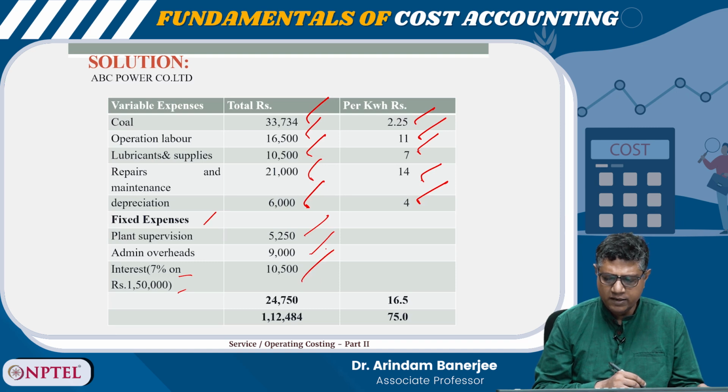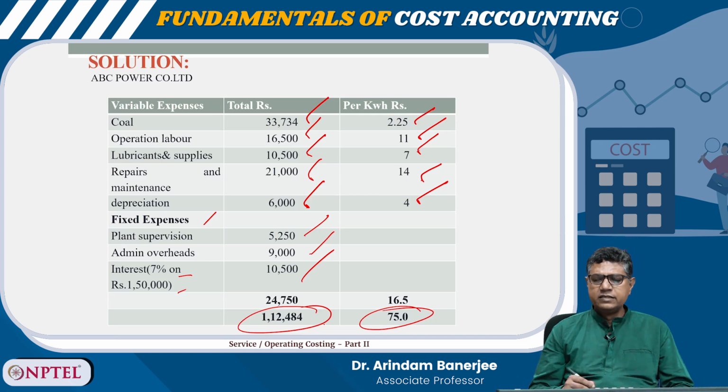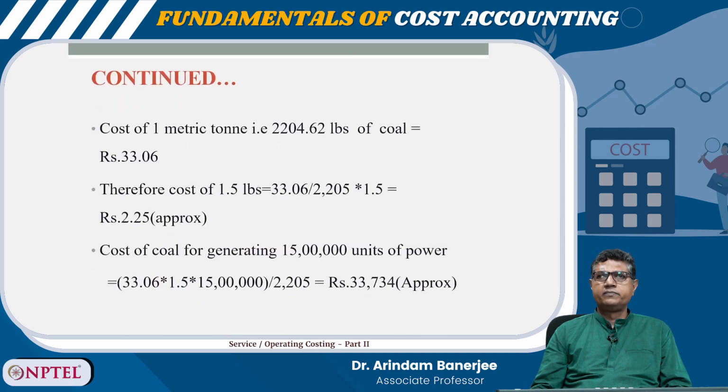So, now if you add this total, you will get 1,12,484, right, which is coming to 75 per unit, right. 16.5 is the variable cost per kilowatt hour, and 75 rupees is the total unit cost per kilowatt hour.